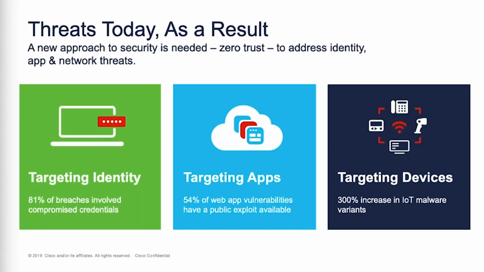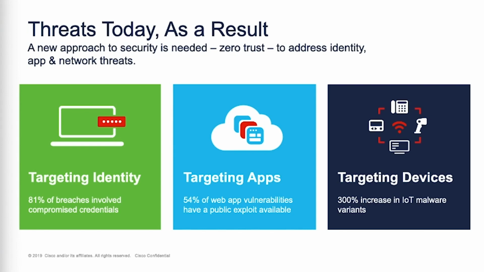As we move into this new IT landscape, we have new threats that have emerged because of these business challenges. These threats target the identity, meaning the users and their devices. For example, 81% of breaches now involve compromised credentials.